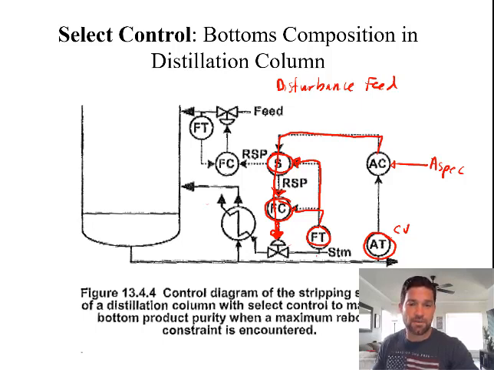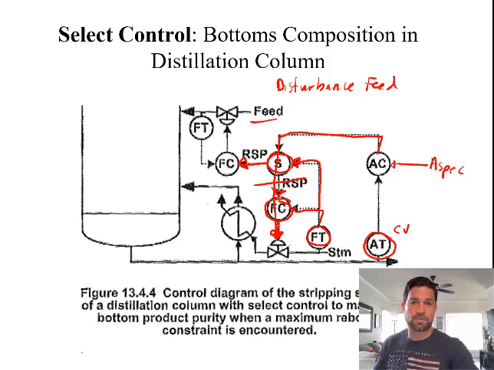The select controller is going to measure the flow of the steam, and if this is maxed out, rather than changing the flow control to the steam, which it can no longer change, it's going to keep that maxed out, and now the select control is going to go to a flow controller on the feed rate, and it's going to control the flow of feed to the system.